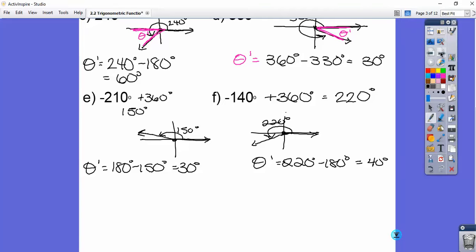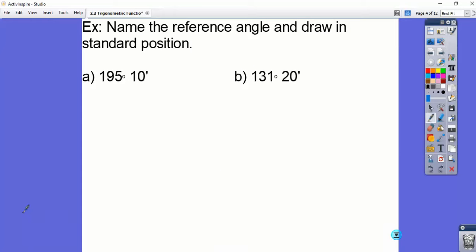They don't have to be nice, pretty angles. I could give you something in degrees and minutes. So I just wanted to make sure you could handle that if I gave you one a little bit uglier. If I said 195 degrees, 10 minutes, what quadrant would that fall in? Quadrant 3.